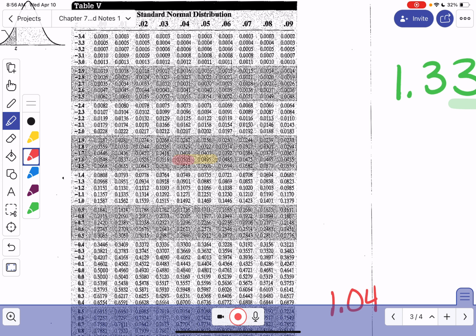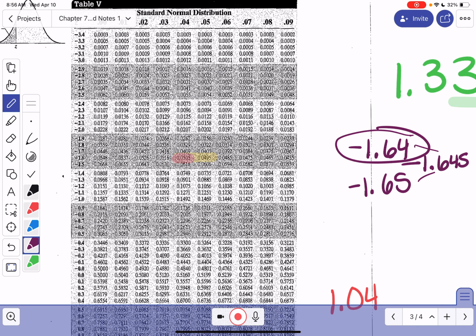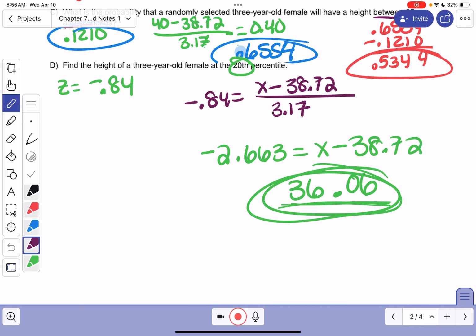Your choices are negative 1.64 or negative 1.65, or you could go in the middle and do negative 1.645. It doesn't matter. As long as you use one of those three, you're fine. So let's just say I'm going to do negative 1.64. That's the one I picked.